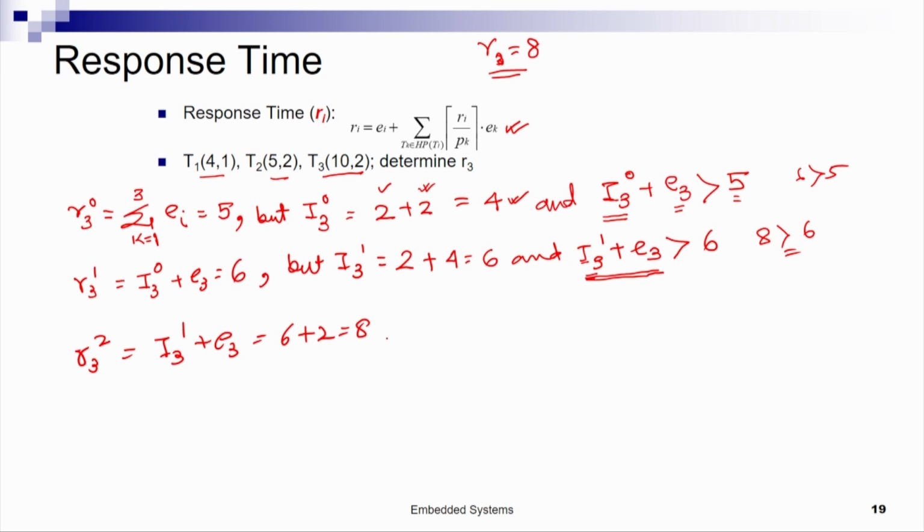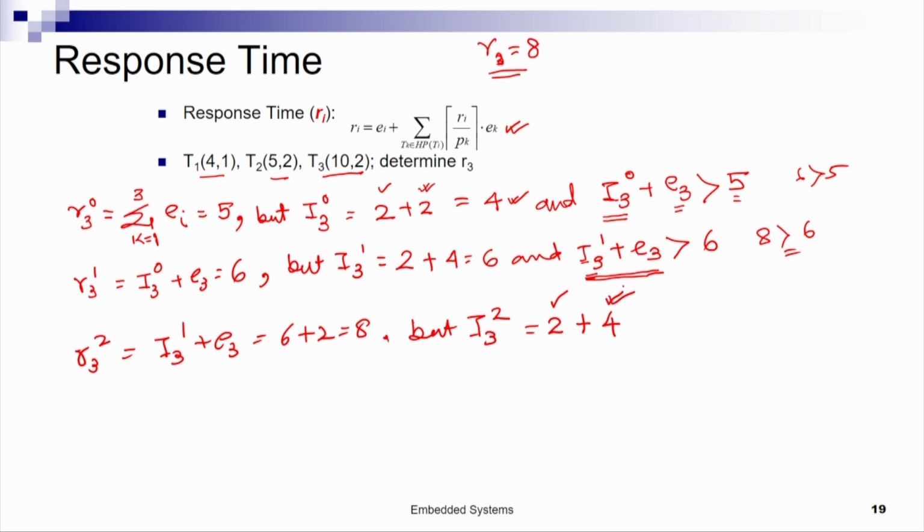Okay. But I32 equals 2 plus 4. Why? Because R32 is 8. So the ceiling of 8 by 4 is 2, and 2 into 1 is 2. So the interference caused by T1 is 2. The interference caused by T2 is the ceiling of 8 by 5, which is 2, and 2 multiplied by 2 is 4.